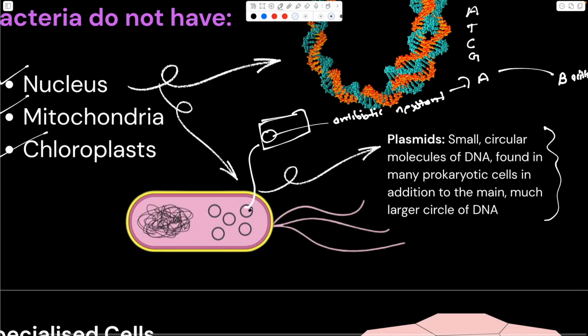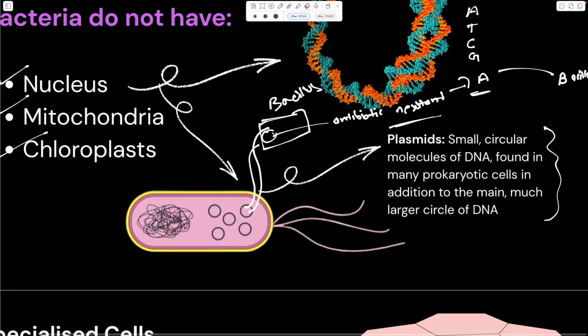However, when this plasmid got transferred to this Bacillus, it now contains the antibiotic resistance gene for this antibiotic, so this Bacillus cannot be killed by the same antibiotic. I hope you guys are understanding it.